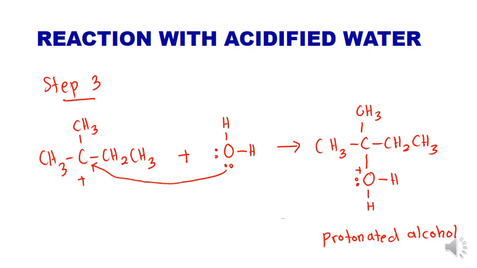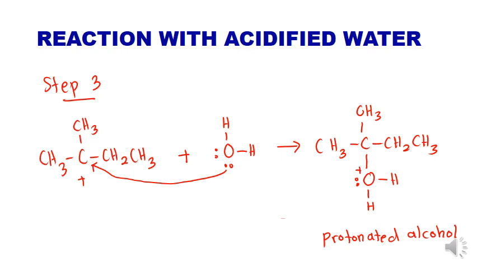Okay, so this protonated alcohol is relatively unstable due to the positive charge on the oxygen atom. So we have to remove one of the protons from the protonated alcohol to make this alcohol more stable.